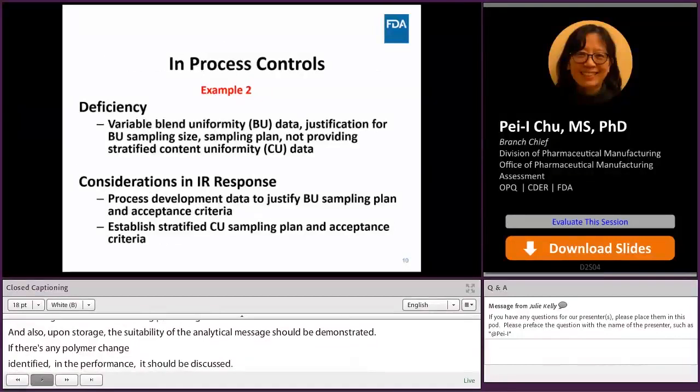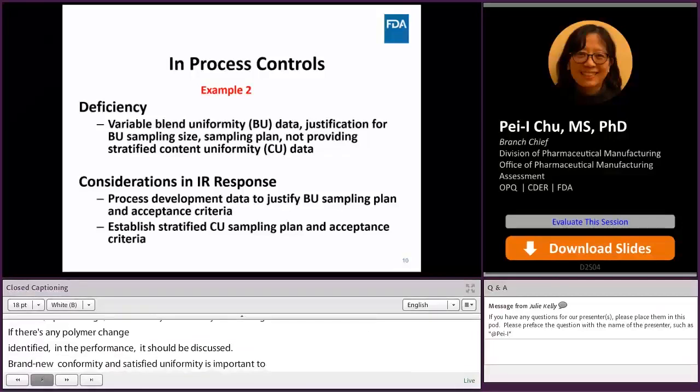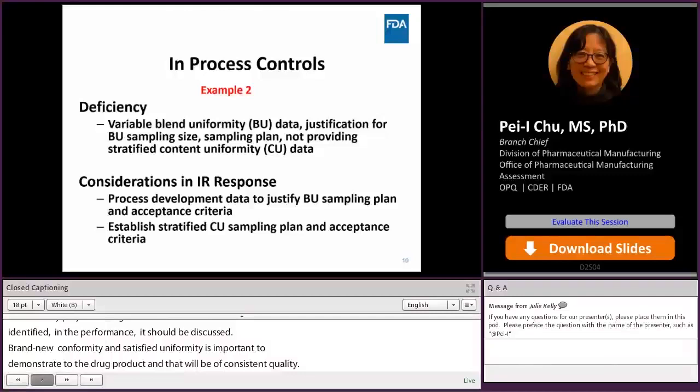Blend uniformity and stratified content uniformity are very important studies to demonstrate that the produced drug product will be of consistent quality. For your BU study, process development data should be provided to justify the BU sampling plan and the acceptance criteria.